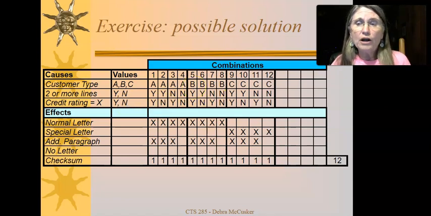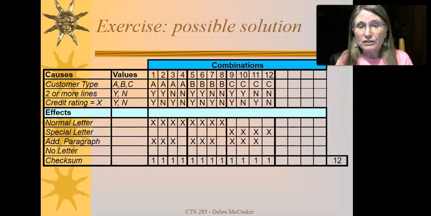Now we can go back to the verbiage that we were supplied with to map out the effects. So if it was a customer type A and that customer had 2 or more lines of credit and a special credit rating of X, they were going to get the normal letter, which was more or less the template, and an additional paragraph to their letter.